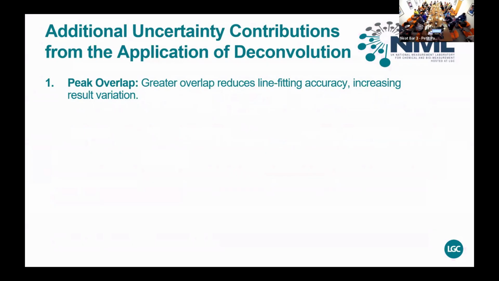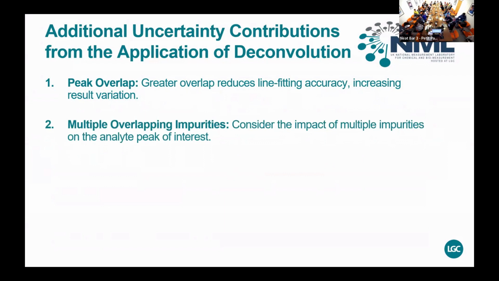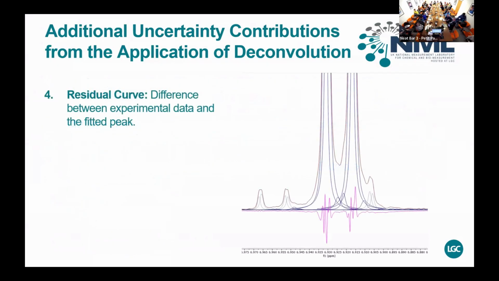So additional uncertainties that could be coming from deconvolution include how overlapped your peaks are. The greater the overlap, the higher the uncertainty. Also, how many overlapping impurity peaks are you considering? If there are loads of impurity peaks that you're going to be correcting for, you're going to have higher uncertainty. Also, you have to think about your processing parameters and how they are going to affect your line fitting. Another consideration for the uncertainty is your residual curve.